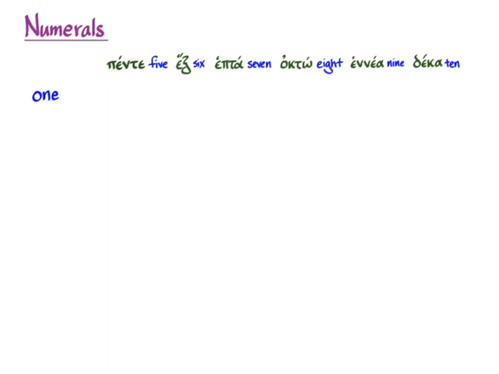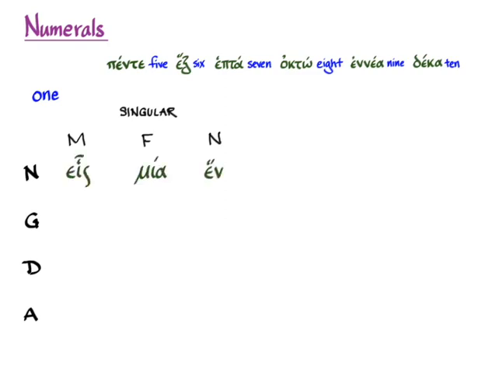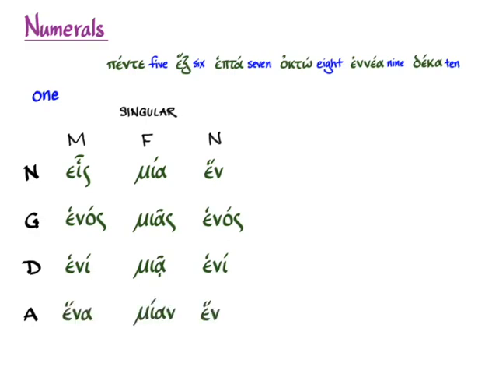So for 1, we're going to have masculine, feminine, and neuter forms in the singular, of course, because this is 1. And those forms are heis, mia, hen, henos, mias, henos, heni, mia, heni, and in the accusative, hena, mian, hen.